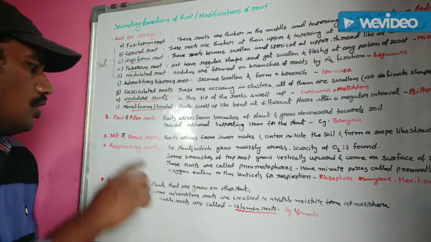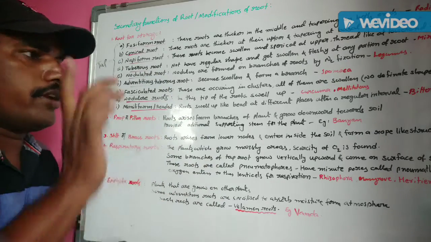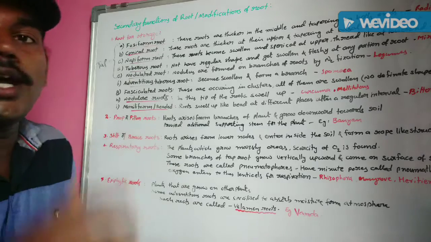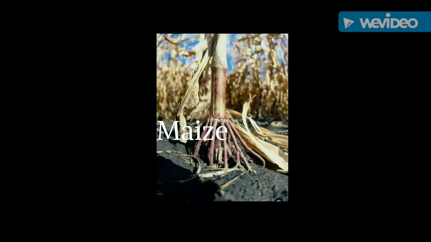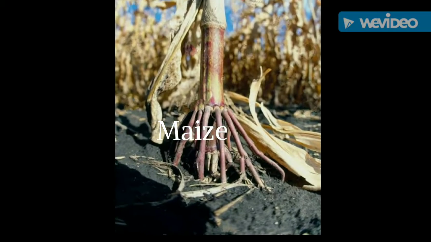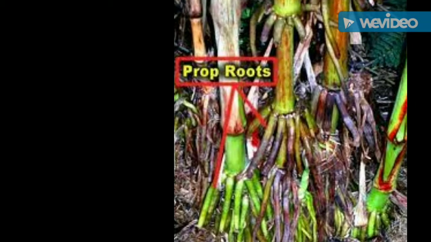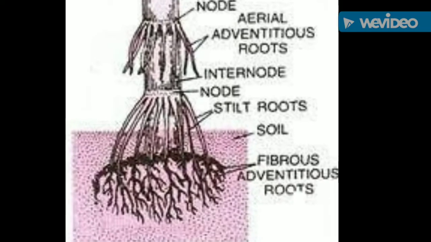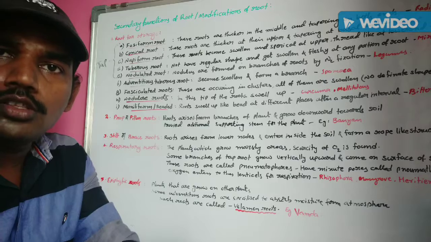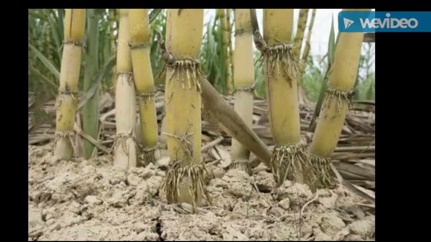This type of root is known as a stilt or brace root. The best examples are maize and also sugarcane.